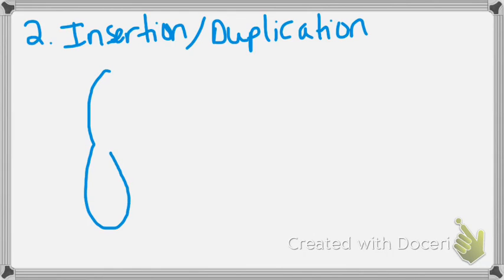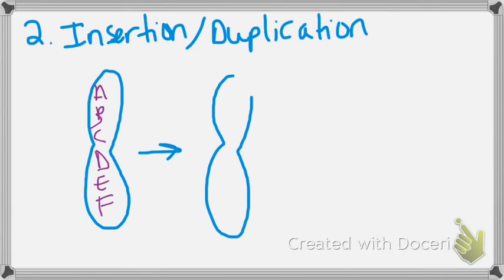Here's our original chromosome, and we're going to have A, B, C, D, E, F. If we have an insertion or duplication mutation on our chromosome, let's say we add in an extra C. So we'll say A, B, C, C, D, E, F. You can see that this segment of the chromosome has been added into the chromosome. So we have added or duplicated a part of the chromosome. This is our second type of chromosomal mutation.